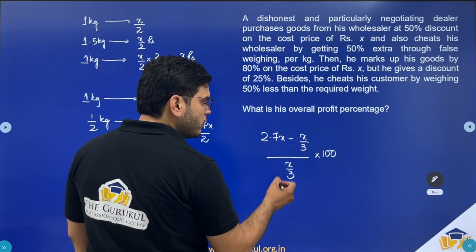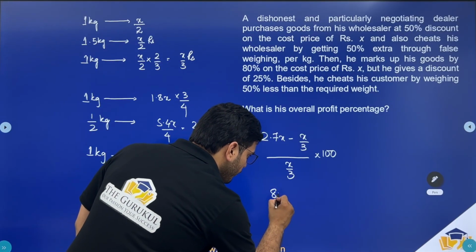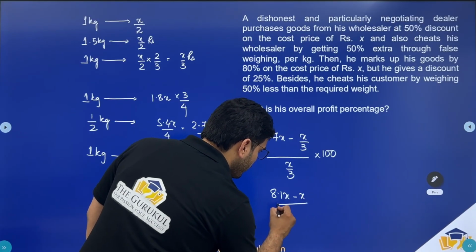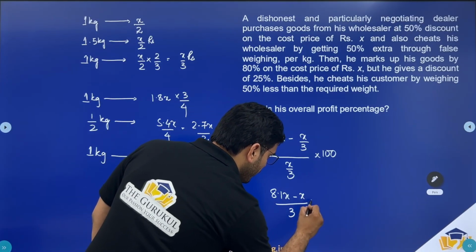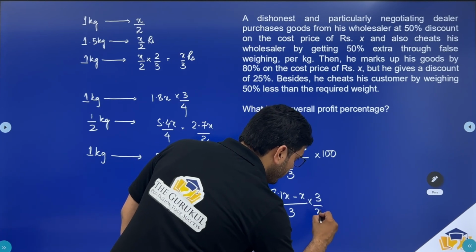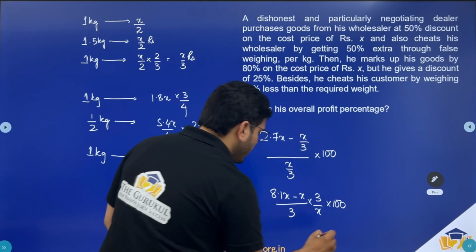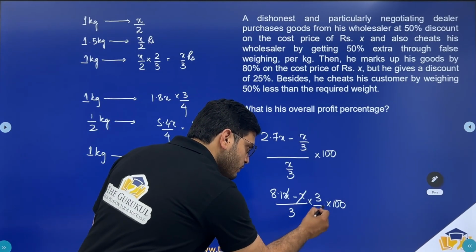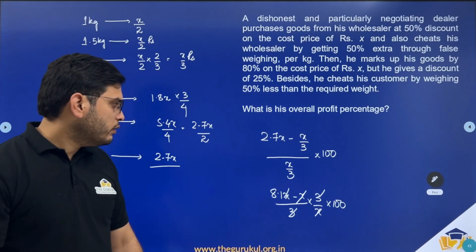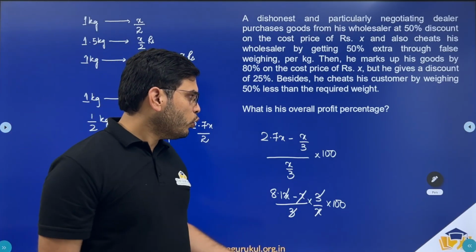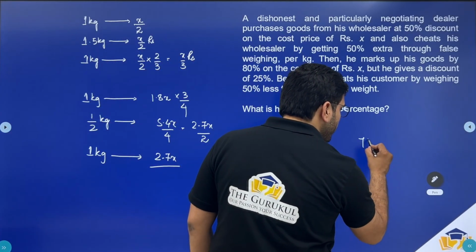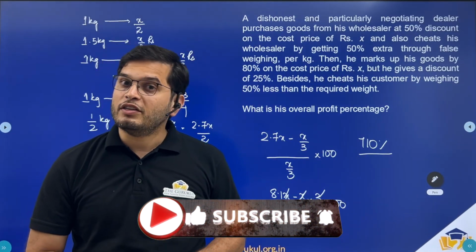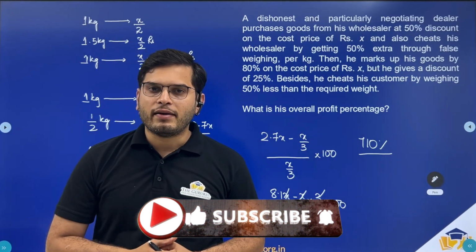So 2.7 into 3, 8.1x minus x by 3 into 3 by x into 100. So 8.1x minus x, that would be 7.1x. I can cancel x and x, I can also cancel 3 and 3. 7.1 into 100, that's nothing but 710% was the overall profit percentage. So the answer for this question should be 710.